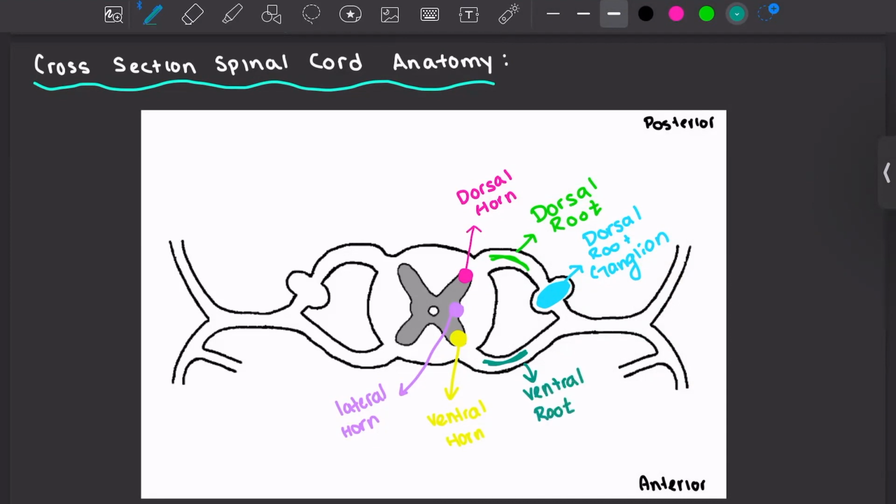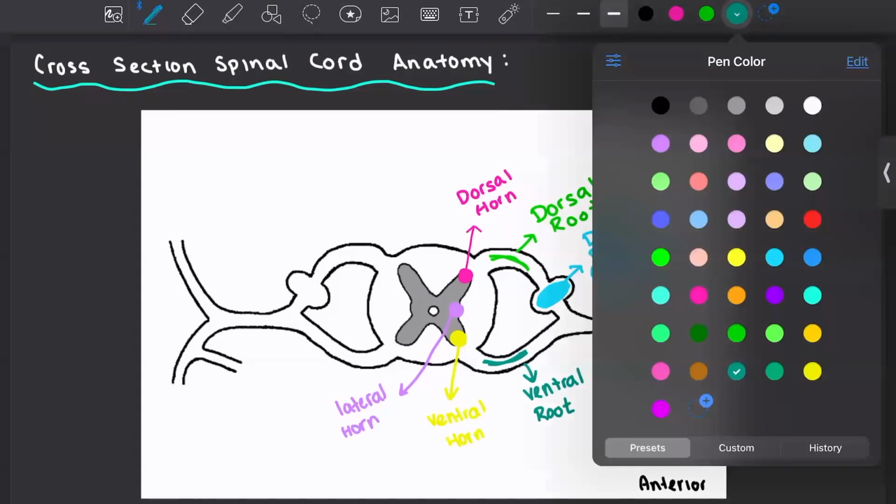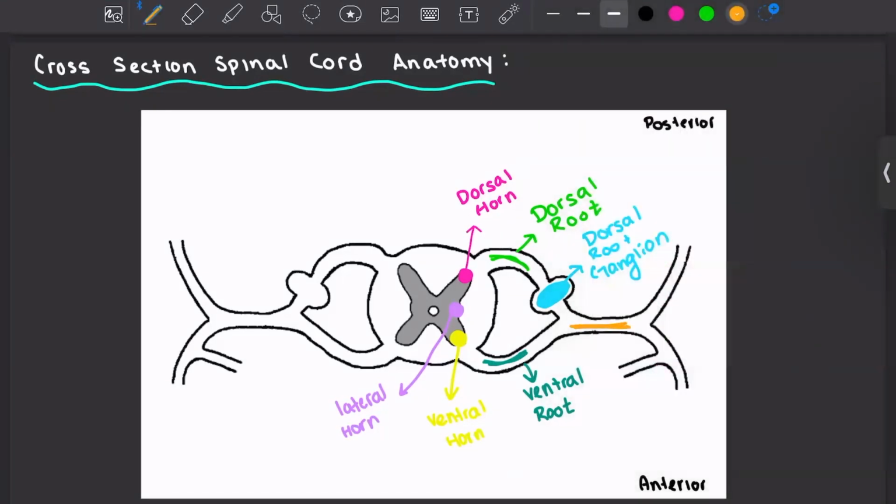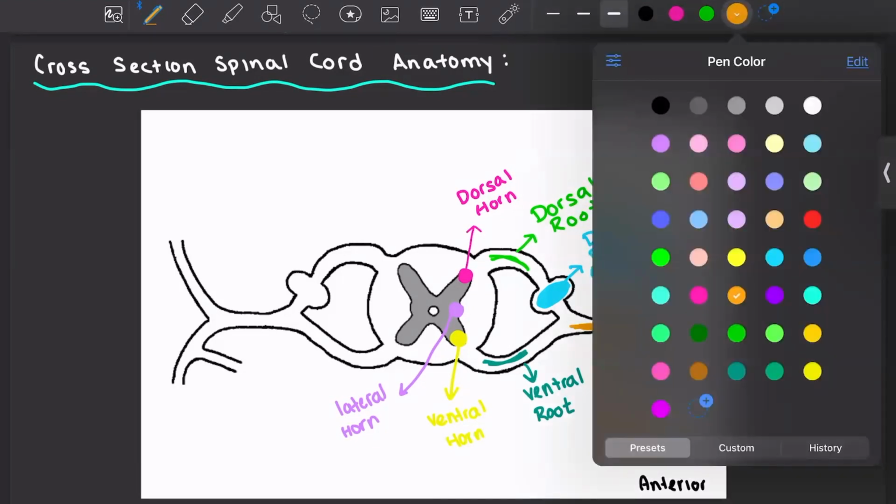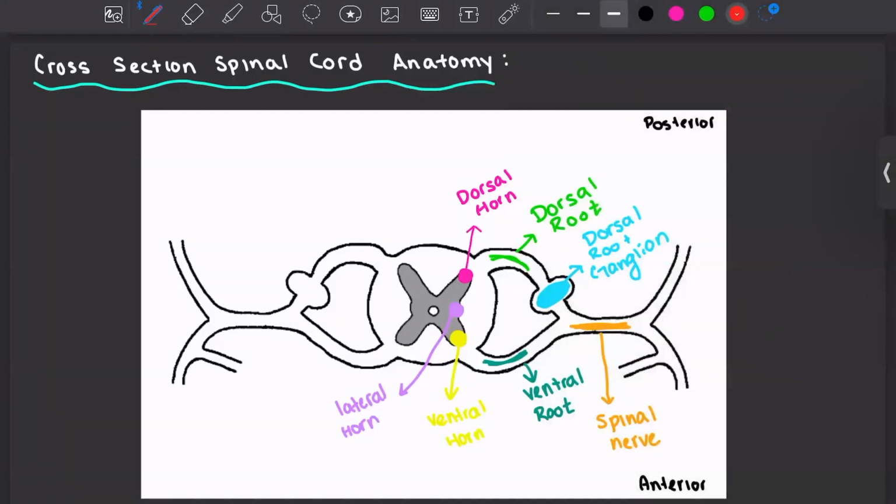Notice though, there's not a ventral root ganglia, and that is something that is important to remember. Right here where they connect, this is going to be known as the spinal nerve. You can actually see these on a cadaver. It is very cool. And then we have two more structures we're going to go over here. So this red part that I'm coloring here, this is going to be known as the dorsal ramus.